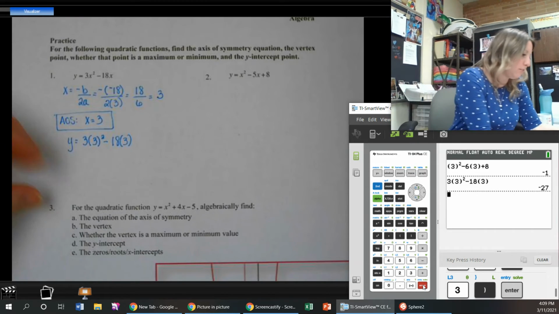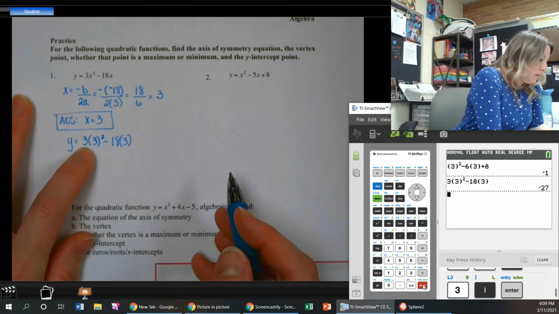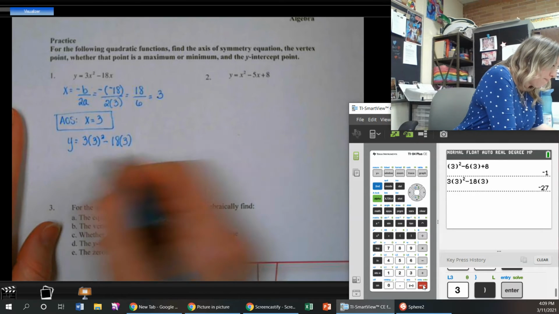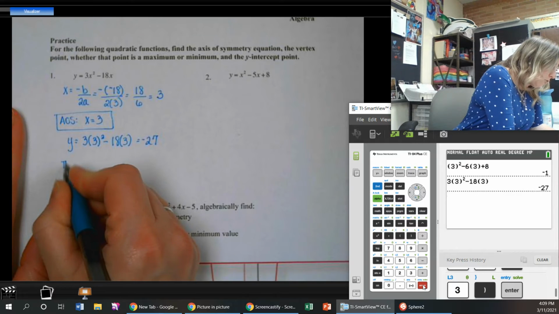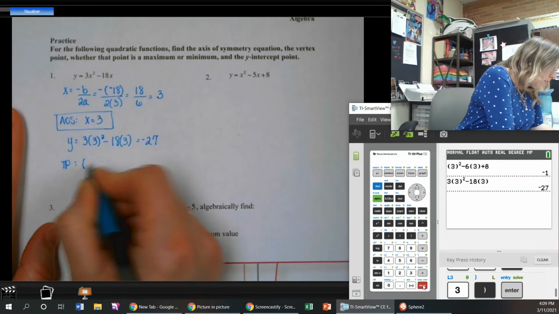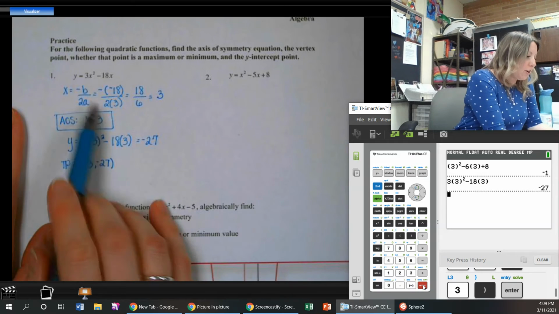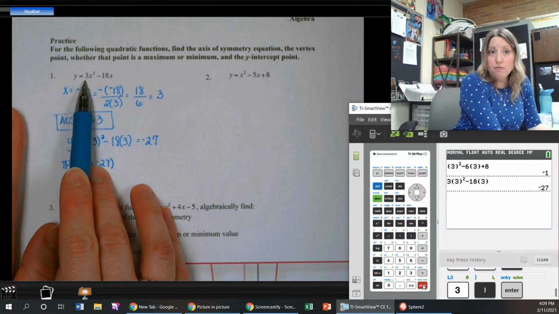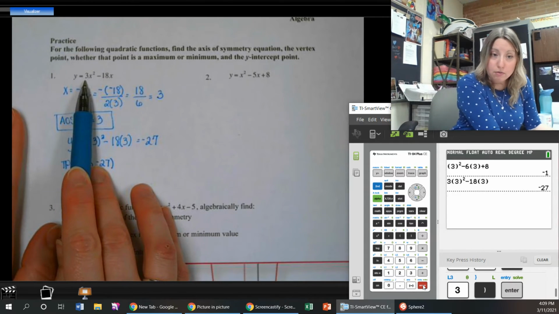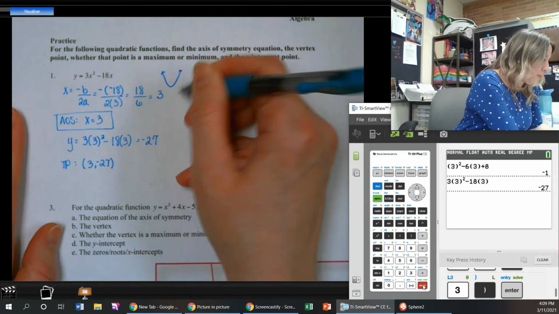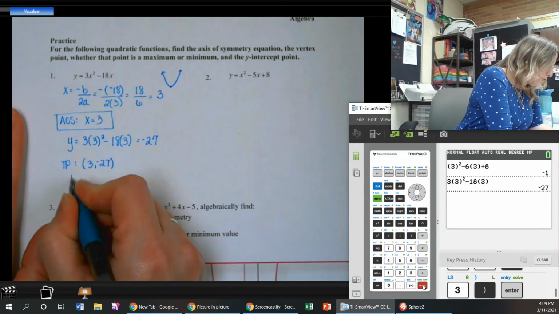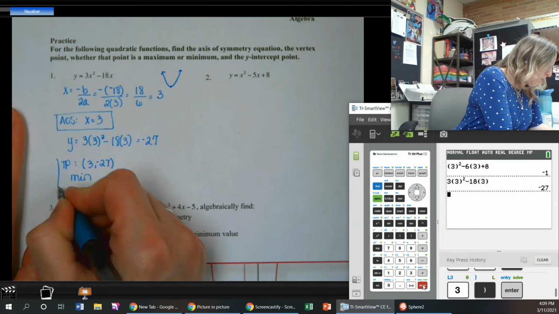Okay, so we got negative 27. Yeah, that makes sense to me. And that means my turning point is 3, negative 27. And I look at my value in front of x squared. It's positive. So that means this is a smiley face parabola, which means there is a bottom. So that turning point is a minimum.